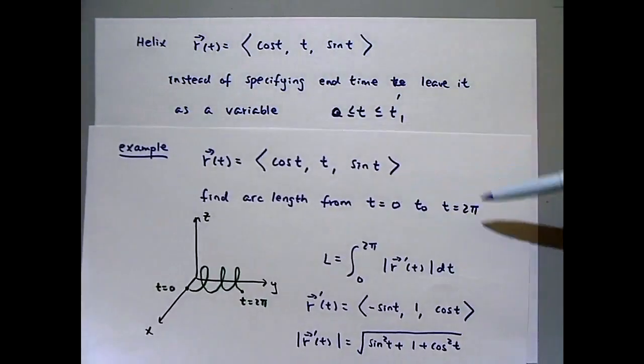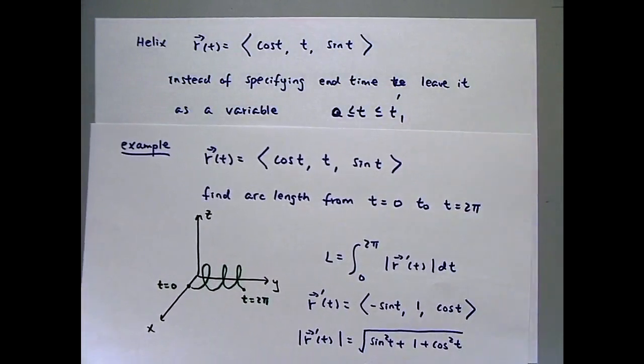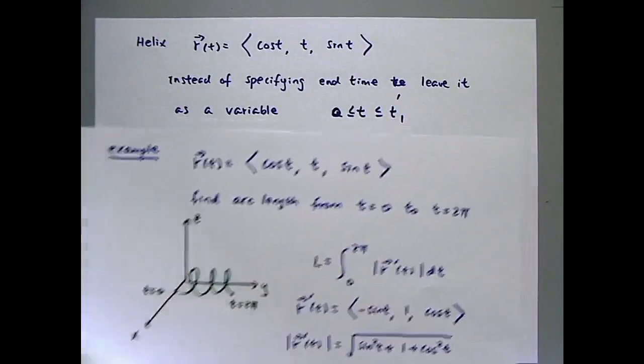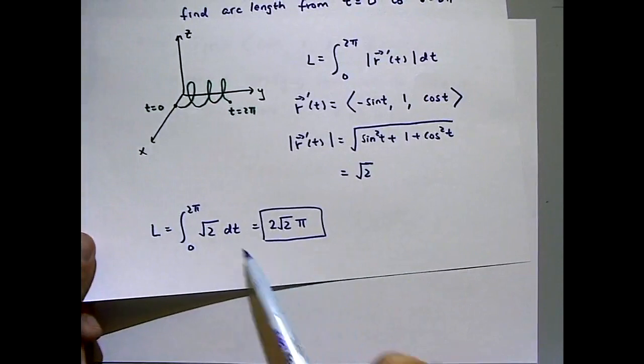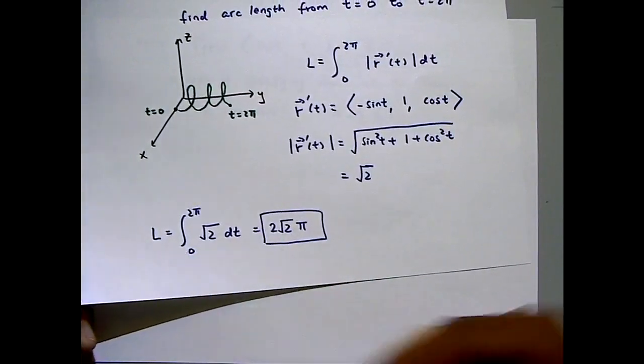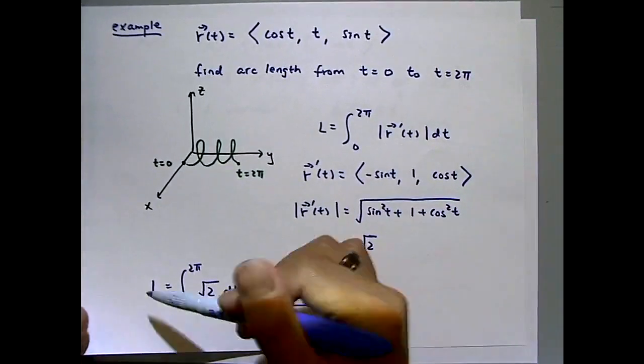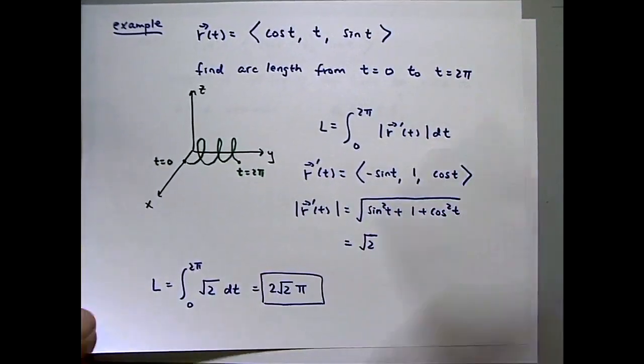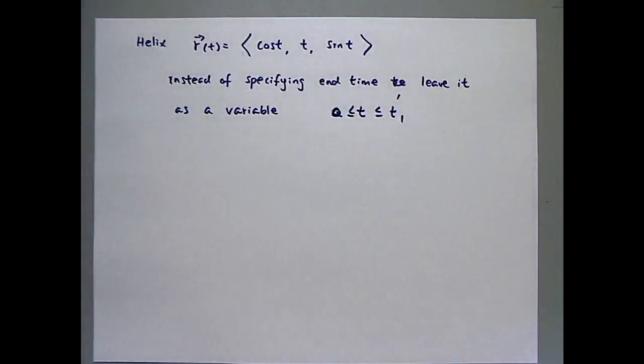We did 0 to 2 pi, and now we're going to leave this 2 pi as a free variable. And at the end, we won't get a constant anymore. We'll get something that's a function of t. If I don't specify the end time, then the arc length has to depend on what end time I put in.